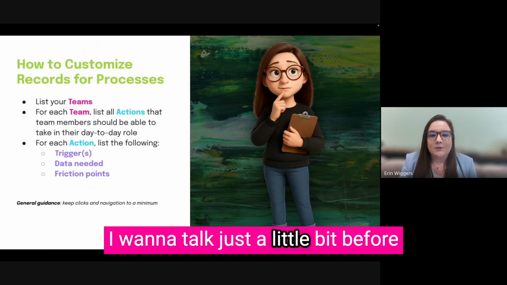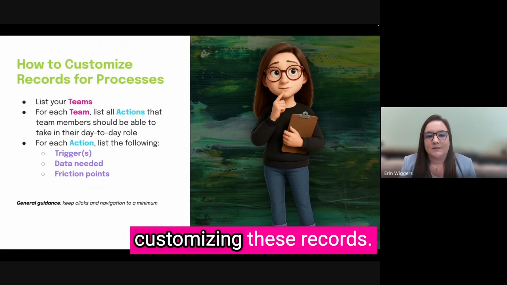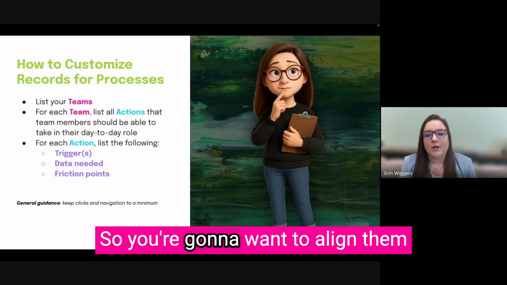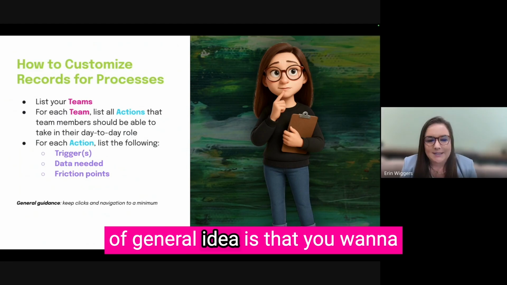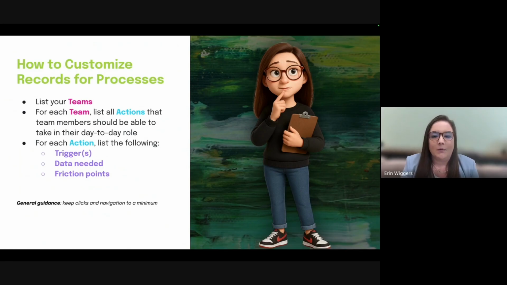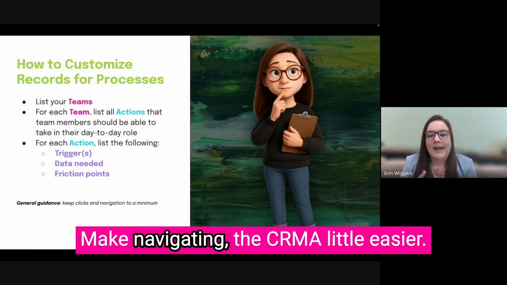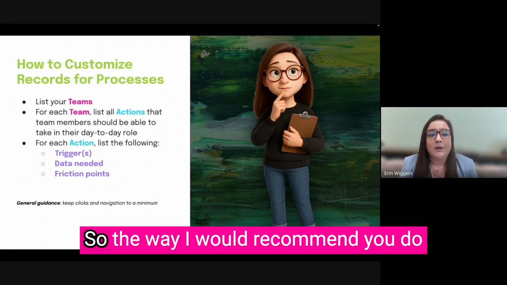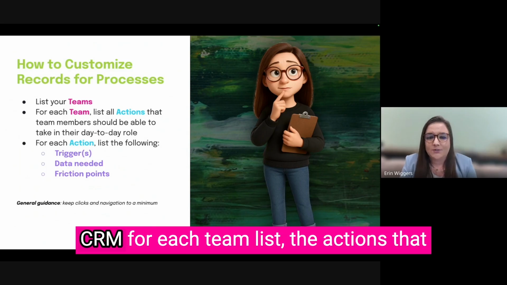I want to talk just a little bit before we dive in about how to go about customizing these records. You're going to want to align them with your processes. The general idea is that you want to keep your users from having to click more than a few times, keep it all in one screen, and make navigating the CRM a little easier. The way I would recommend you do this: list out all the teams that use your CRM.